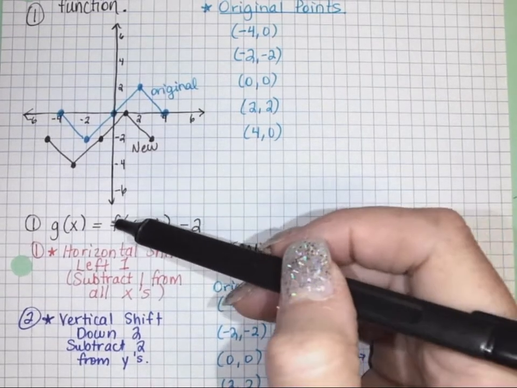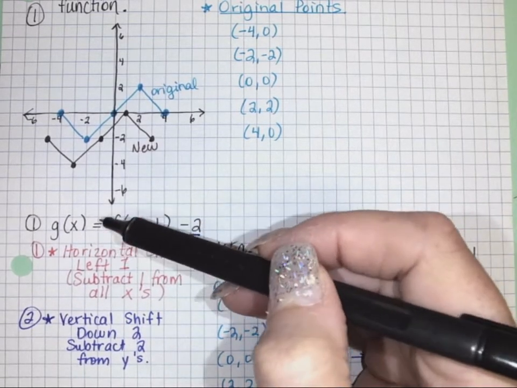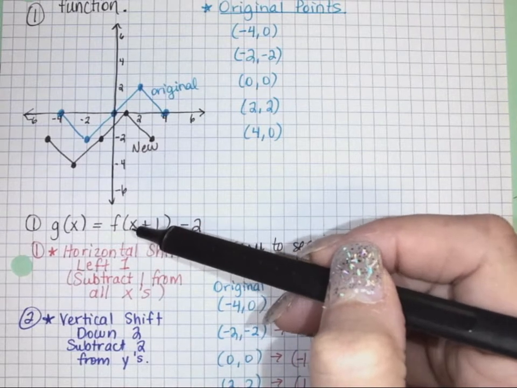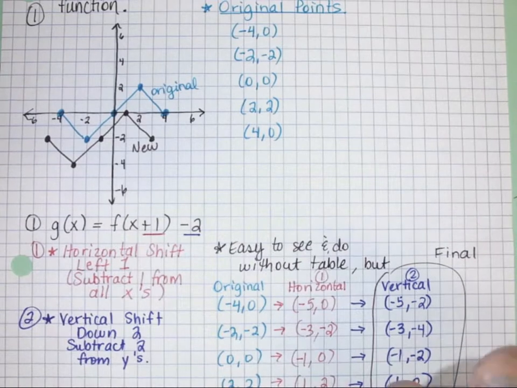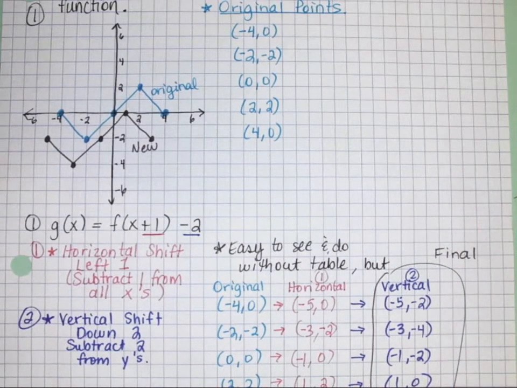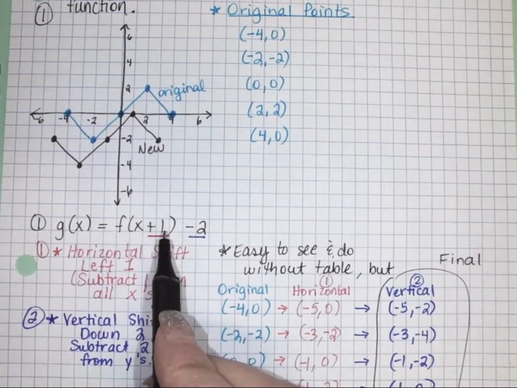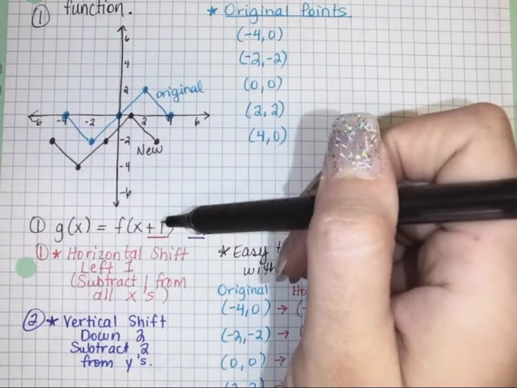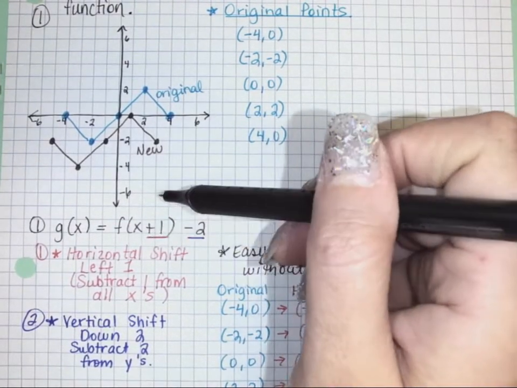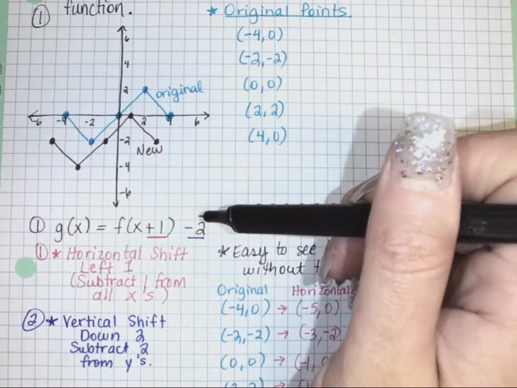We have no stretching or shrinking, no number multiplied out front, no number multiplied with x. We don't have a negative sign out front or a negative sign in front of x, so there's no reflections. So the only thing we have is numbers added or subtracted. So this says we're going to actually move our graph left 1 and then down 2.